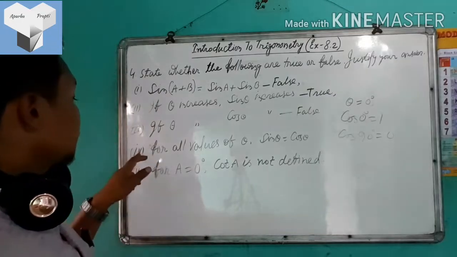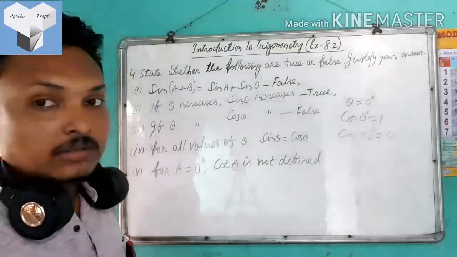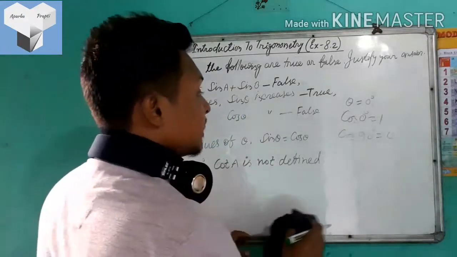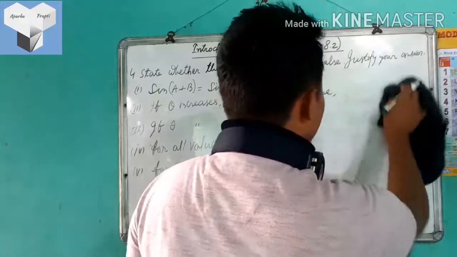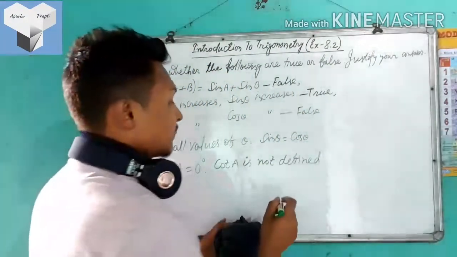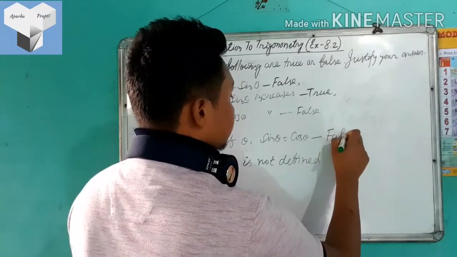Next, question number 4. For all values of theta, sin theta is equal to cos theta. Is this true? Never ever. Only in one condition it may be true, but not for all values of theta. So it is false.